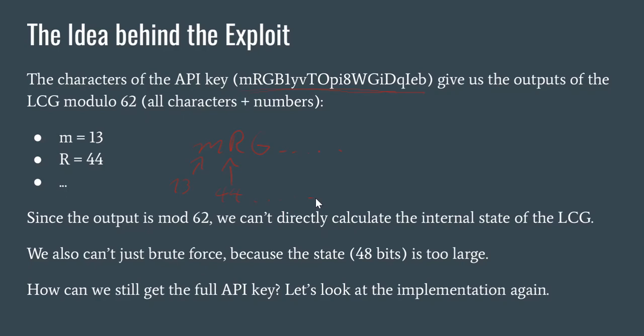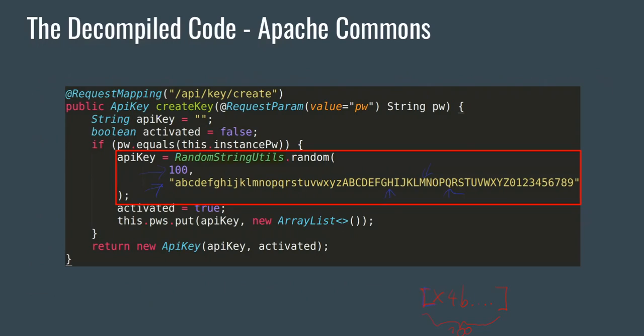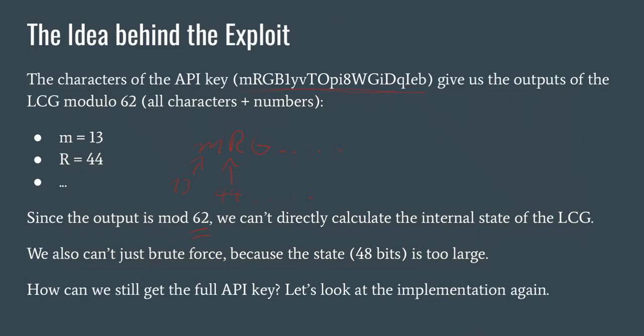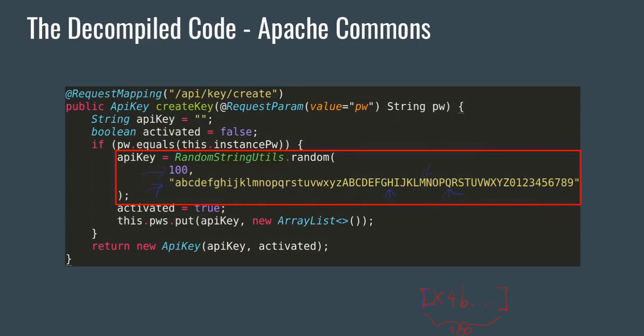Well, it takes these 31 random bits out of the LCG, but then it does them modulo 62, because our supplied string is only 62 characters long. So it takes the 31 random bits modulo 62 and then chooses, based on the output of the random number generator modulo 62, which character to use.